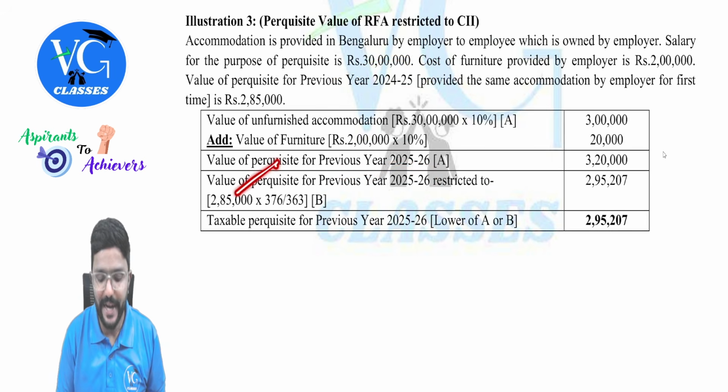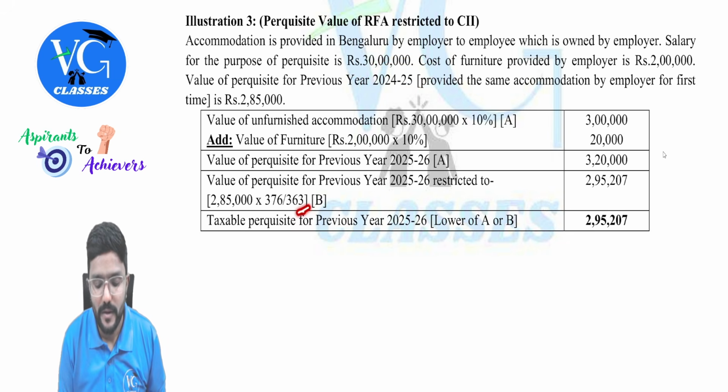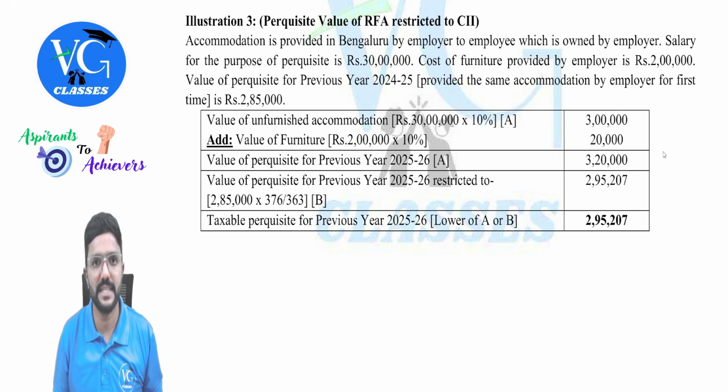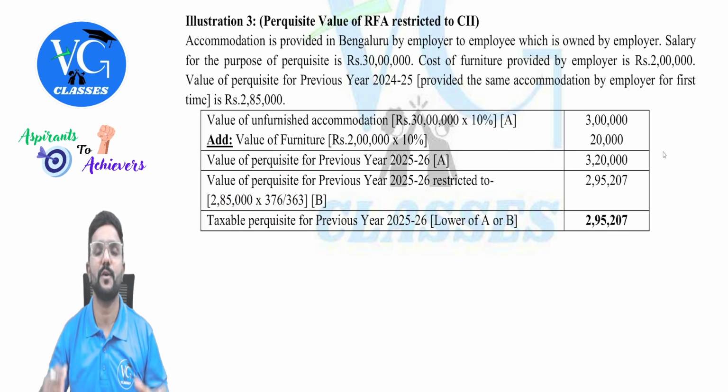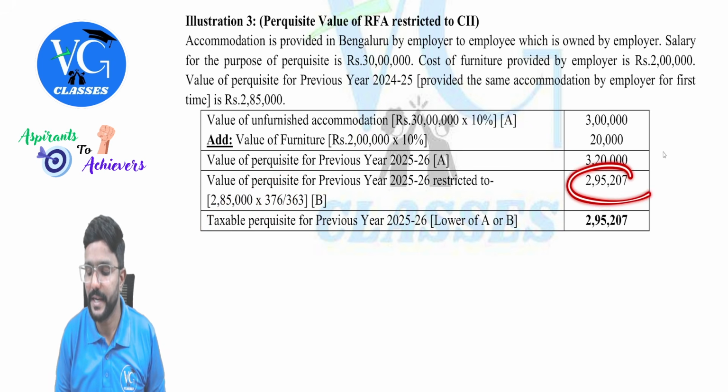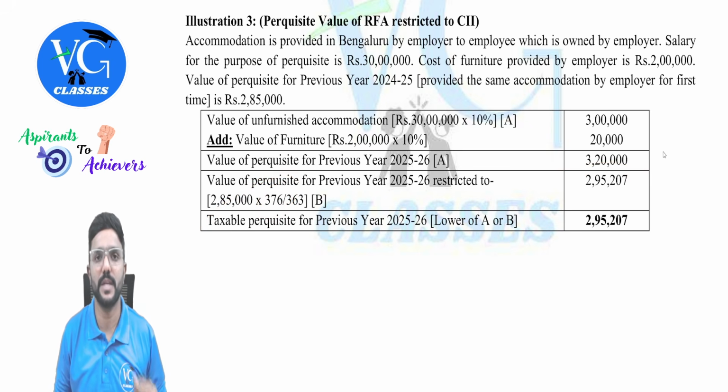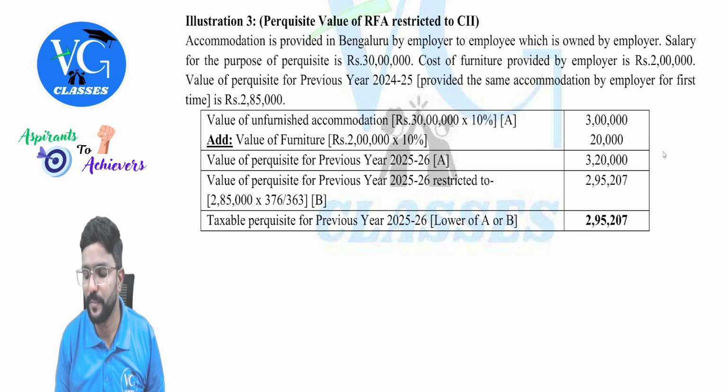Okay. So 2,85,000 is the value for 24-25, whose cost inflation index is 363, we use it as a denominator into 376, which is the cost inflation index for current year. We will get 2,95,207.